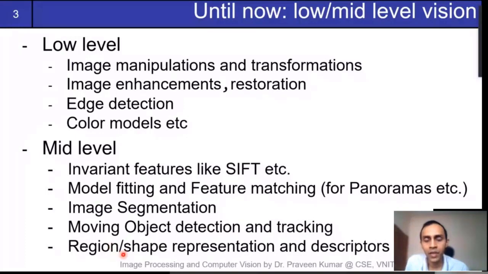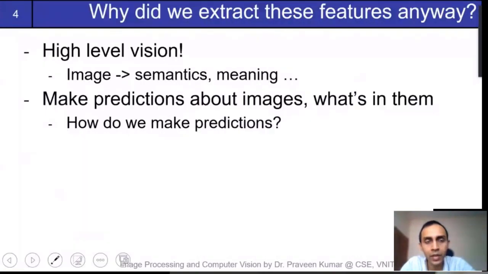We ended last class by discussing simple methods of representation and description, descriptors for simple binary regions and shapes in an image. So we have already covered a lot of topics, but till now we have not tried to address a very fundamental problem at a higher level: taking an image and extracting some meaning out of it, some semantics.